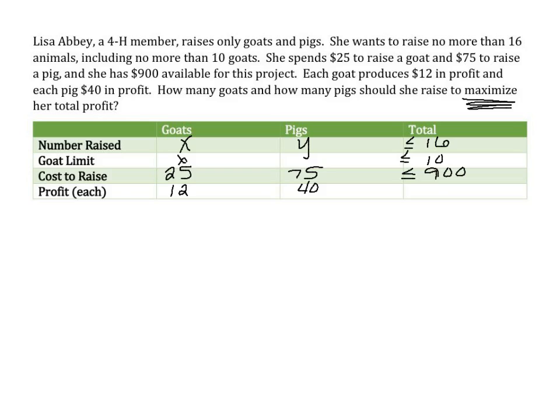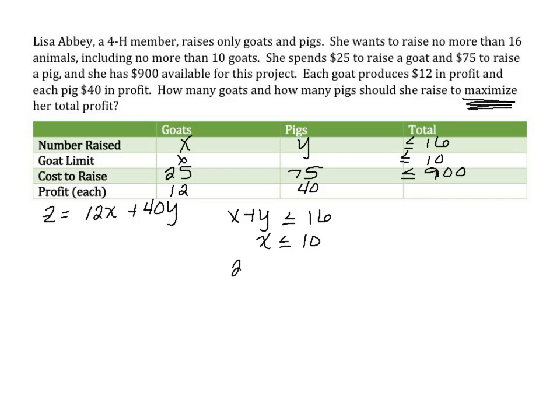So let's start with our Z function. This is going to help us reach our maximum value. We know that we have $12 per goat plus $40 per pig. And we have some equations. We have x plus y is less than or equal to 16. We have x is less than or equal to 10.